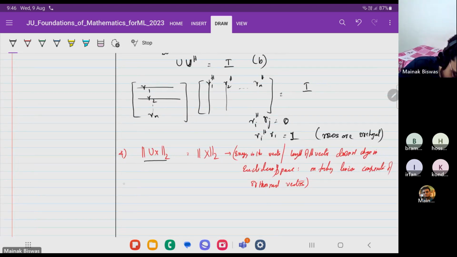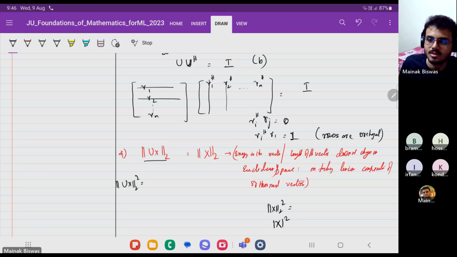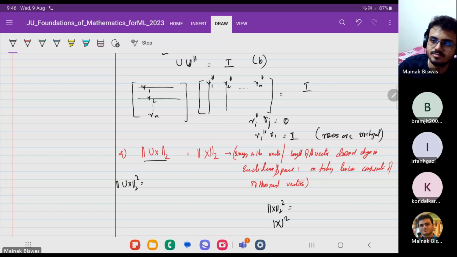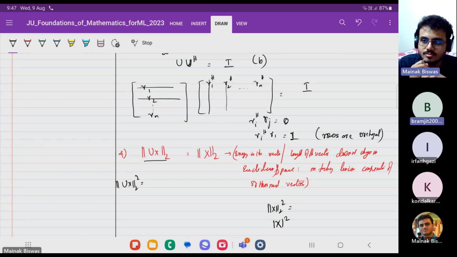So what is the norm of Ux squared? Just to recall, what is the Euclidean norm of x squared, which you popularly know as the length of the vector? How do you write it in terms of the transpose operation and the dot product?